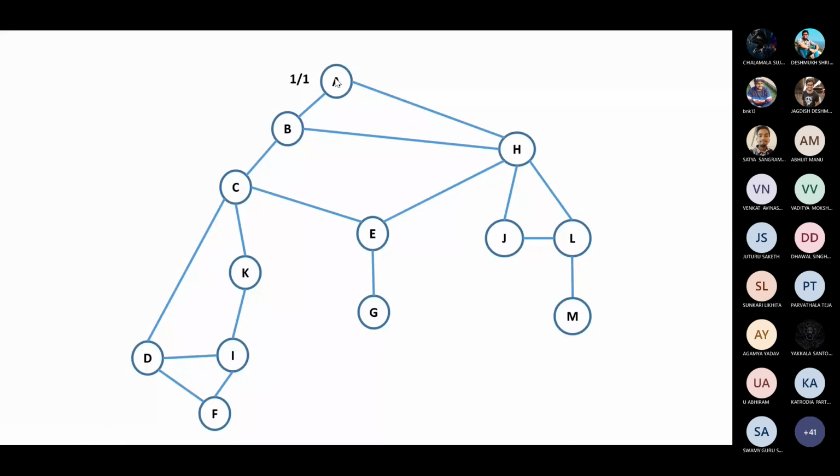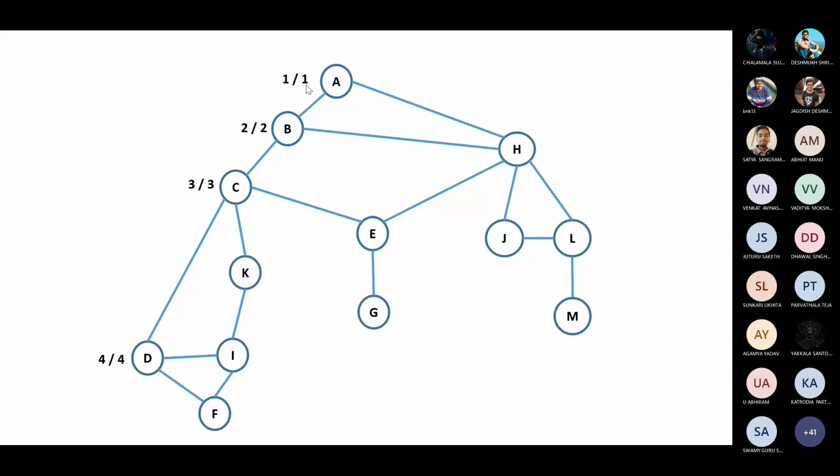Initially, the first time I visit a vertex, its low value is equal to its discovery value. Okay. So initially I visited A, its discovery value is 1, and so its low value is also 1. We go to B, its discovery value is 2, low value is also 2. We go to C, it is 3, 3, D 4, 4, F 5, 5, I 6, 6.